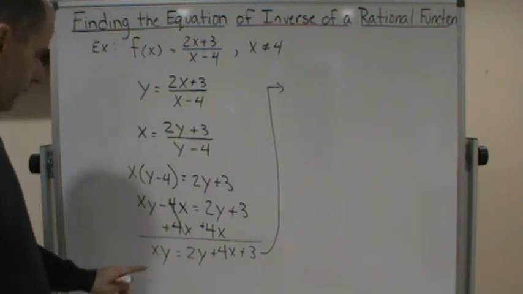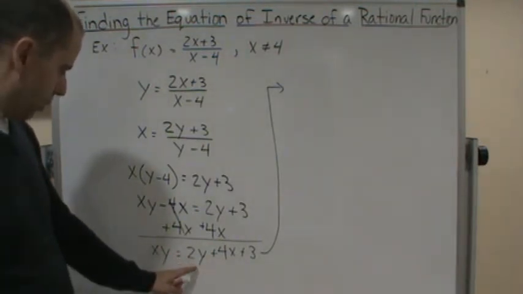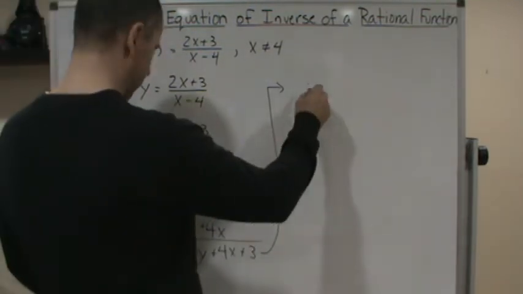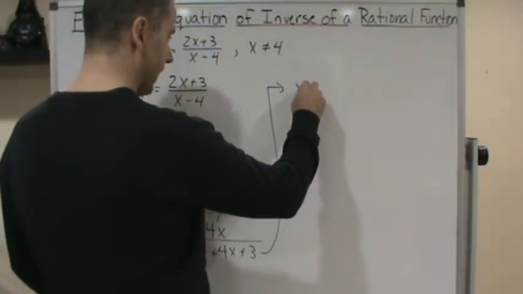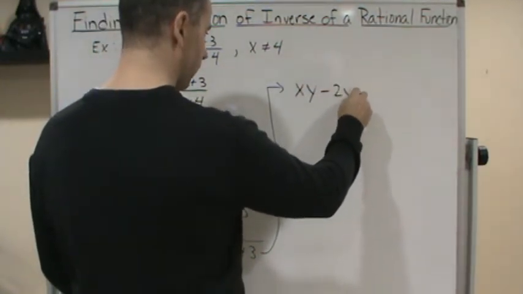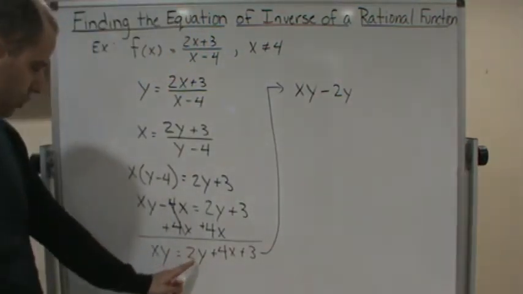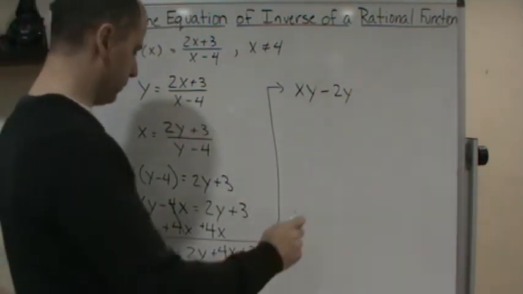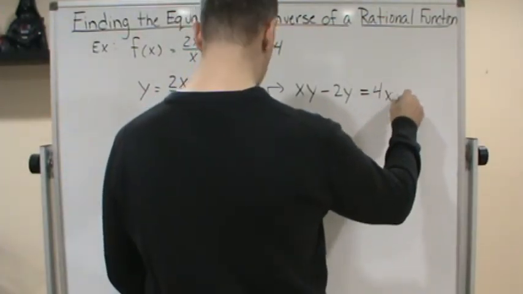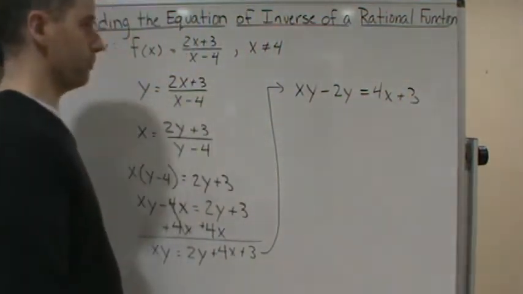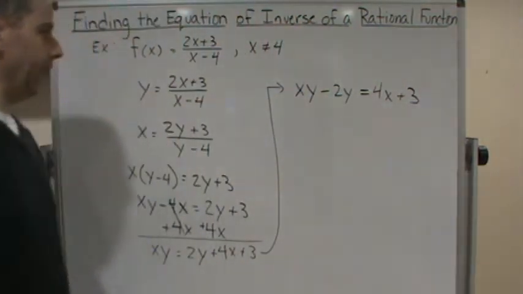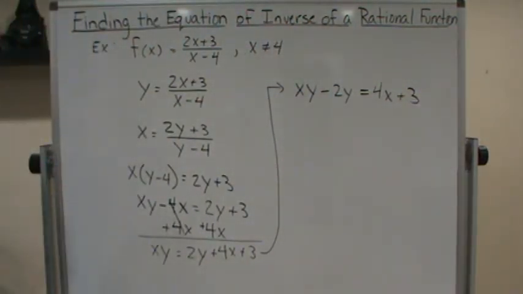Okay, so now I'm going to subtract 2y from both sides. And so now what I'm going to get, if I subtract 2y from both sides, I get xy minus 2y, and then 2y minus 2y over here goes away, and I'm just left with 4x plus 3. Okay? And now, guess what?